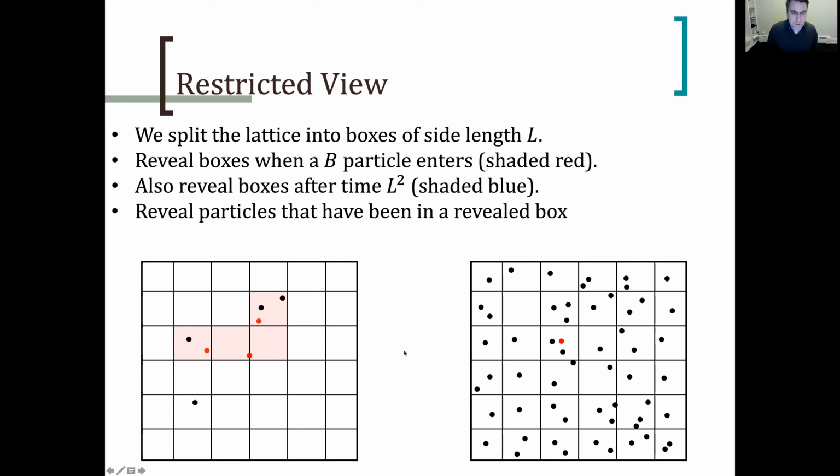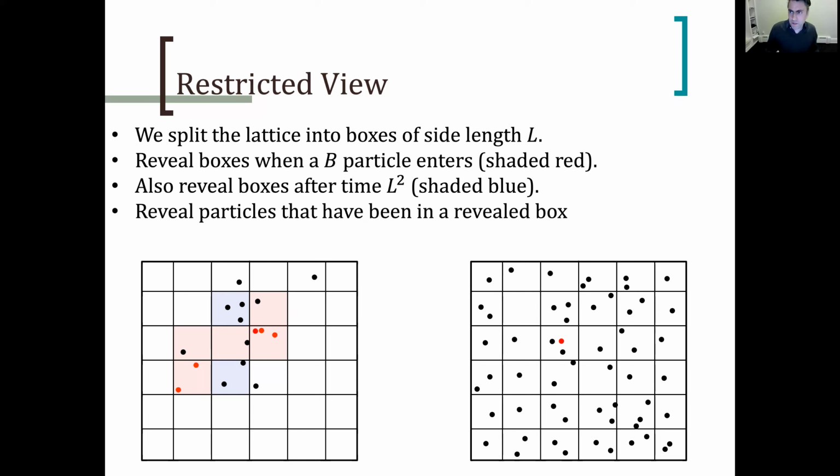And so we just keep evolving the process like that, and that gives us a way of constructing this restricted view of the process, but lets us say what's happening in each of these newly discovered boxes is independent of what we've discovered so far, except that it shouldn't really be independent.